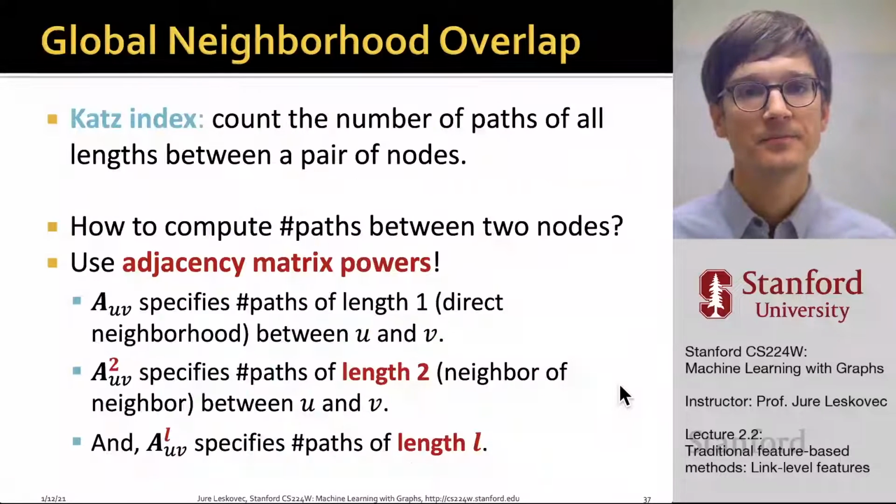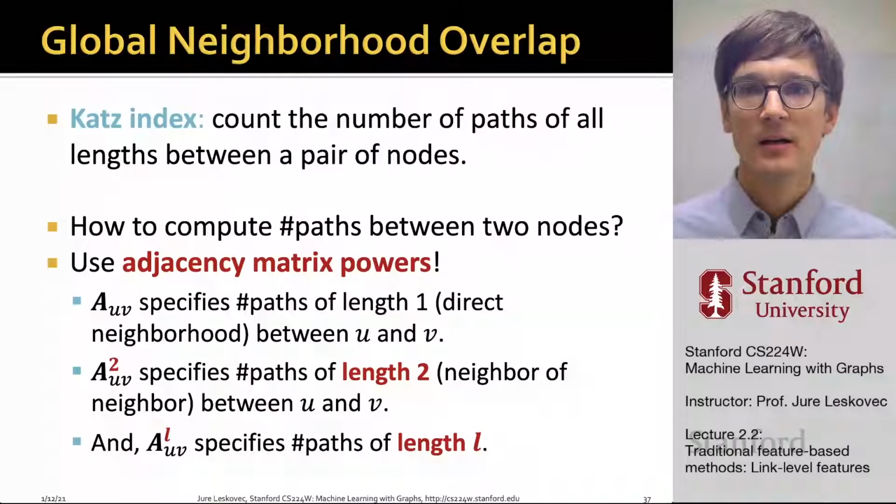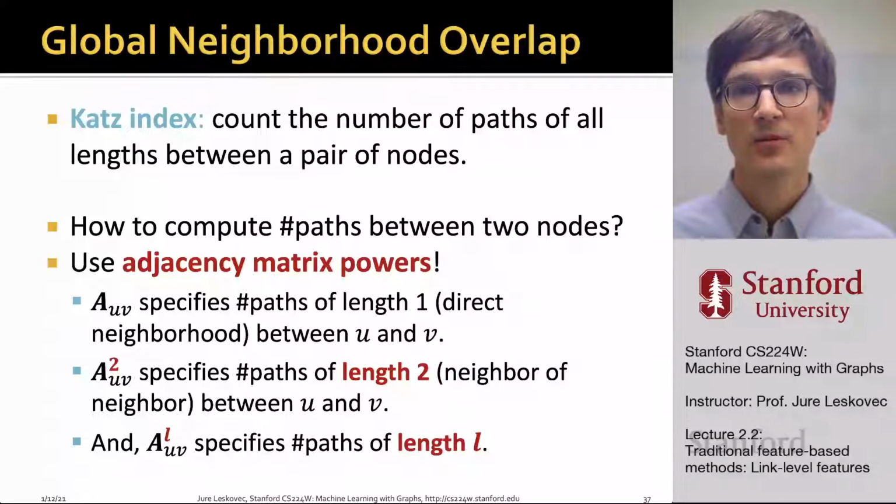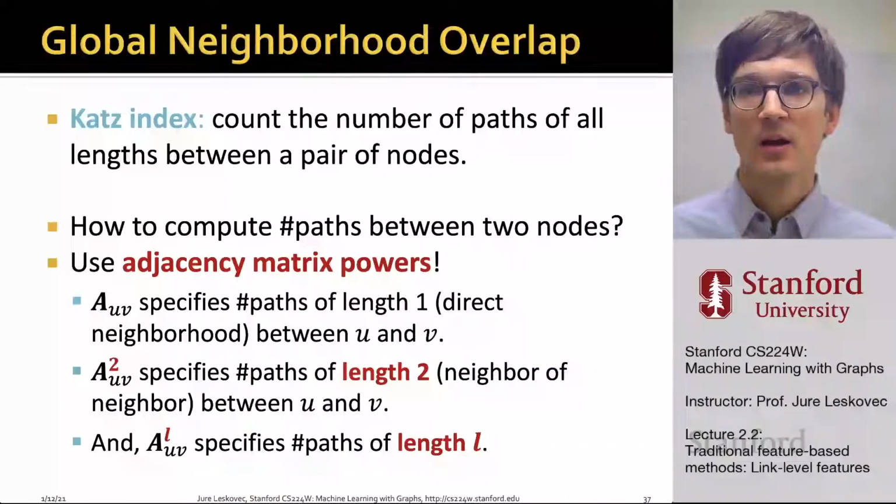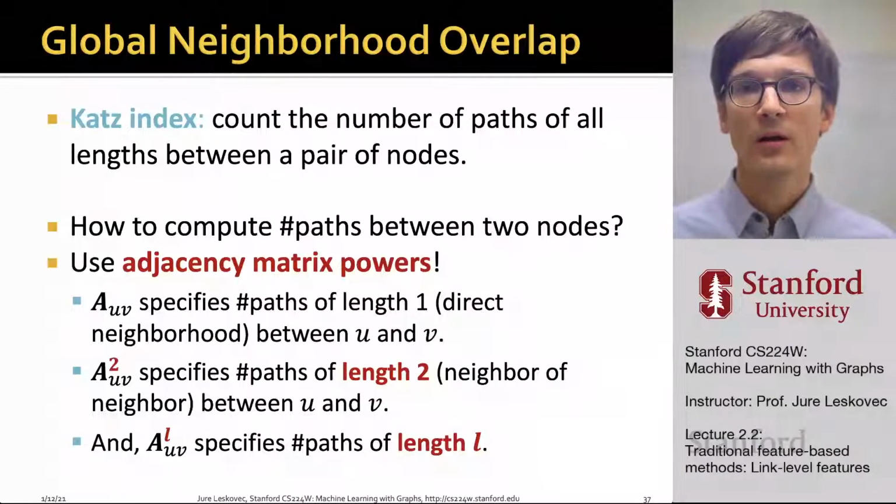What this means is that we have developed the first component that will allow us to compute the Katz index, because it allows us to count the number of paths between a pair of nodes for a given k. But what we still need to decide is how do we do this for all path lengths from 1 to infinity.